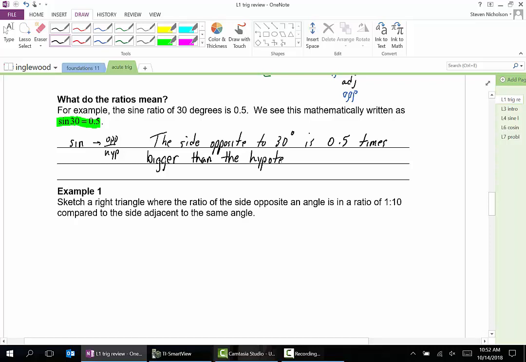So it has a meaning. It's just a comparison of the opposite to the hypotenuse, and that combination is called the sine ratio.